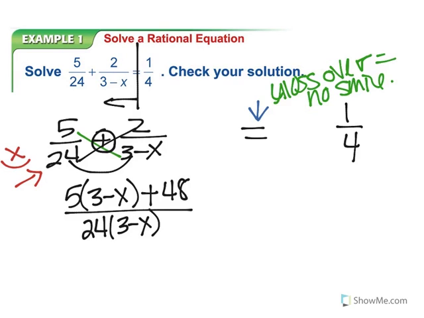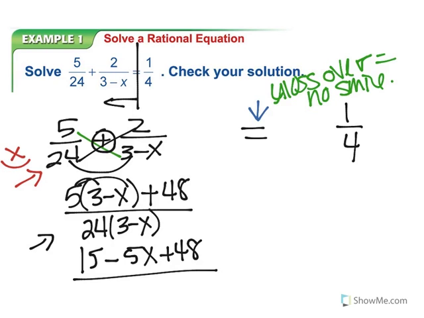Alright, I'm not forgetting about the equals 1/4, but I do want to clean this up first before I start cross multiplying. So I'm going to go ahead and distribute and get 15 minus 5x plus 48 over 24 times 3 is 72 minus 24x.